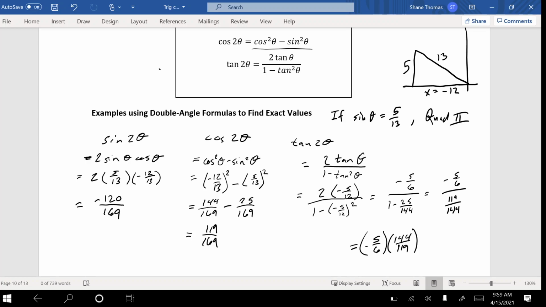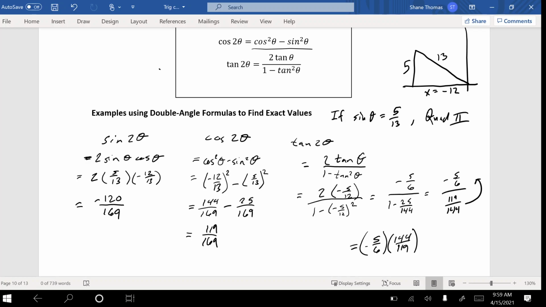What's that? Okay. And then I multiply that. I can cancel a little bit of stuff out here. Well, I could cancel a 6 between 6 and 144.